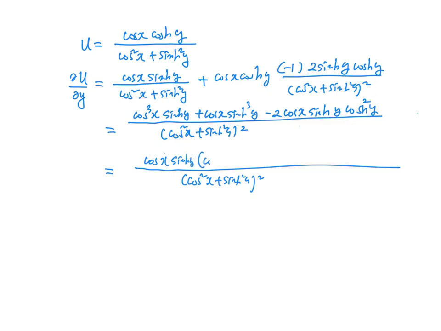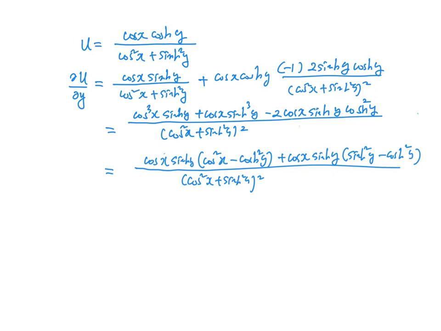So we have a cosine square x minus cosine hyperbolic square y. Now I think we're in a better position. And cosine x sine hyperbolic y, sine hyperbolic square y minus cosine hyperbolic square y, right?